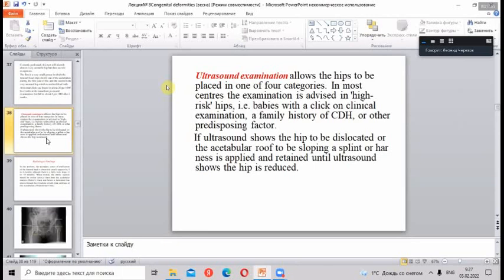In most centers, the examination is advised for high-risk hips: babies with a click on clinical examination, a family history of congenital dislocation of the hip, or other predisposing factors. If ultrasound shows the hip to be dislocated or the acetabular roof to be shallow, a splint or harness is applied and retained until ultrasound shows the hip is reduced.